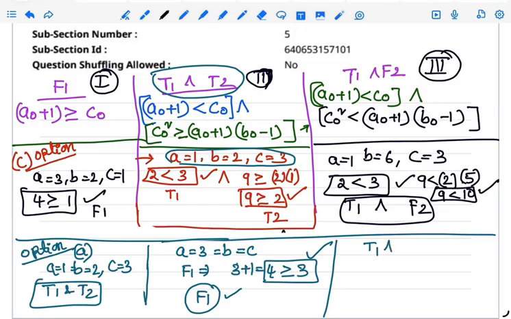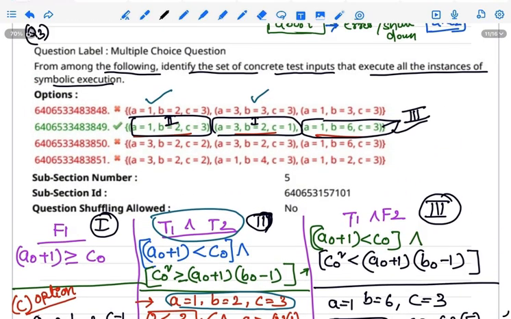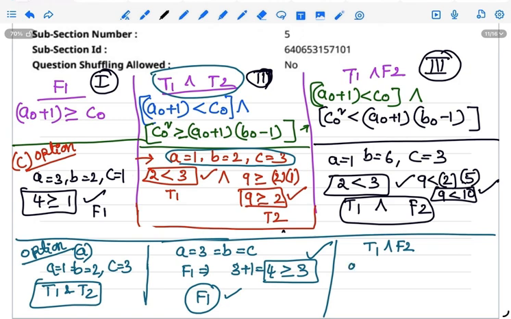T1 and F2. For T1 and F2, A equal to 1, B equal to C equal to 3. For this condition, T1 is A0 plus 1, that is 2 less than C0, which is 3. T1 is satisfied, true.